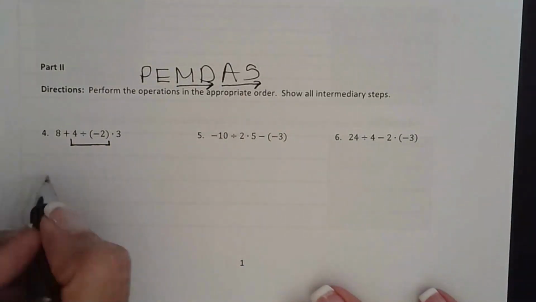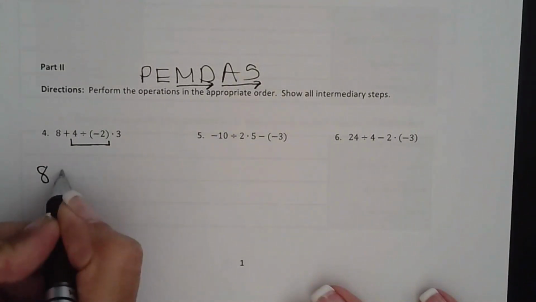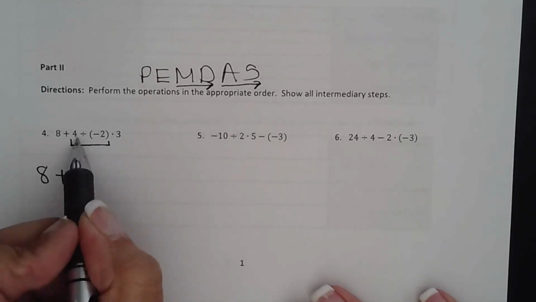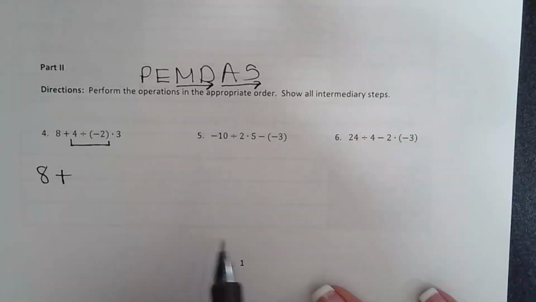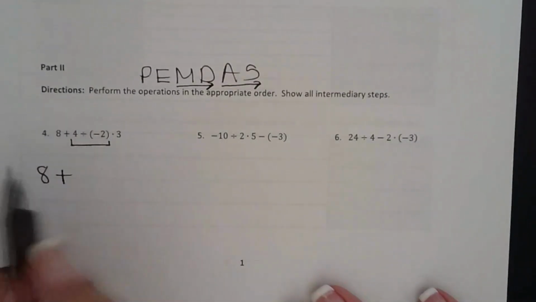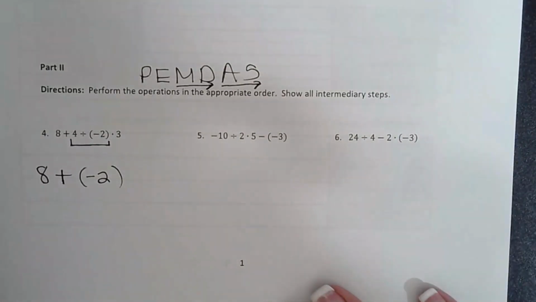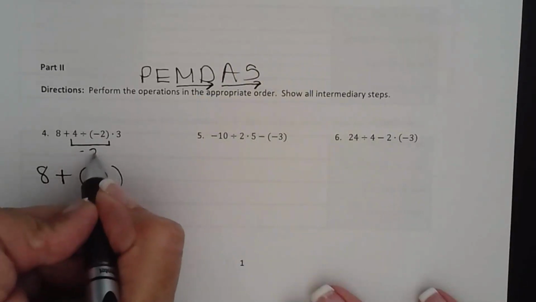So addition's going to be very last, so that 8's just going to hang out there. Oh, yes. 4 divided by -2. One negative makes a negative answer, and 4 divided by 2 is 2. So that right there gives me -2.